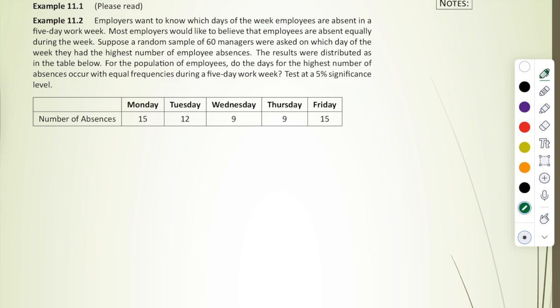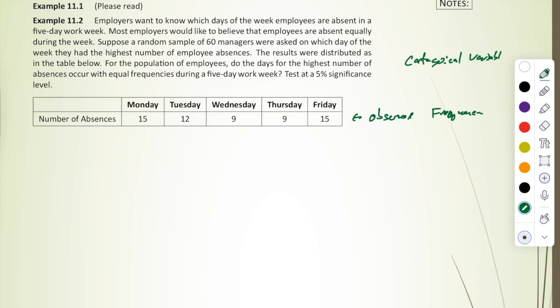Okay, so this right here is observed data. It's an observed frequency table. Generally with chi-square tests, what we're looking for is a categorical variable, such as which day of the week has the most absences.